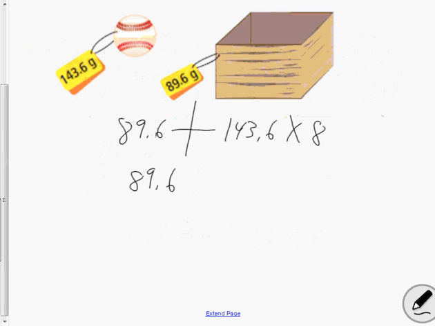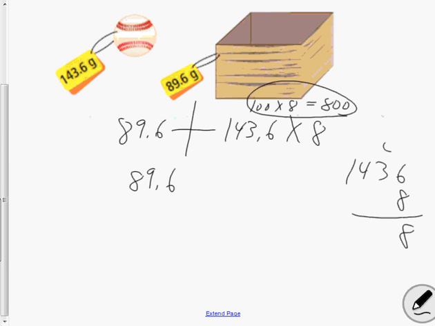So here I have roughly, let's make this 100 times 8. So my estimation was going to be around 800 grams. I know it's going to be more than that because I underestimated on the mass of a ball. Drop my decimals and multiply it out. The only place I can get my decimal to make it as close as I can to 800 is right here, which means the mass of the baseballs is that many grams.